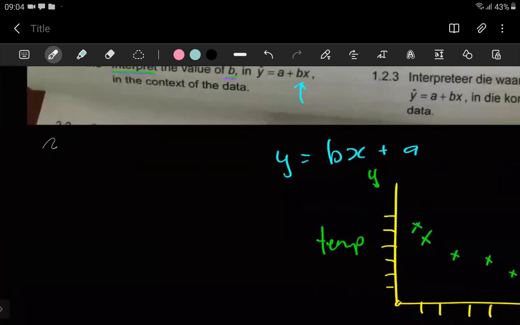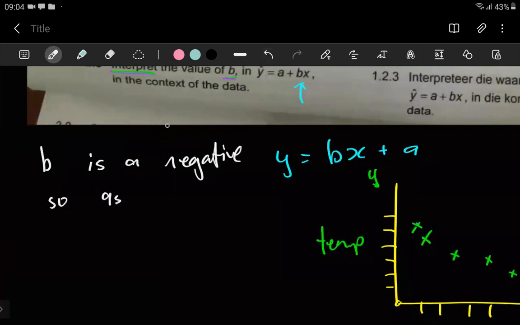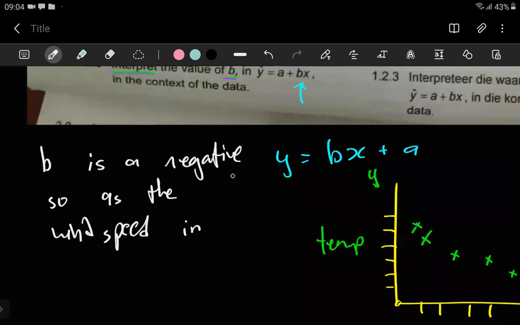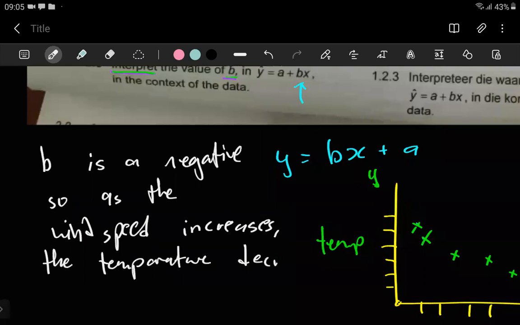We can say b is negative, so as the wind speed increases, the temperature decreases.